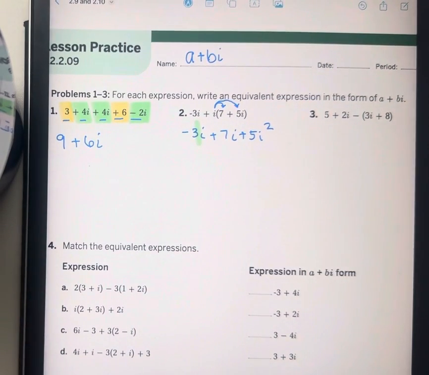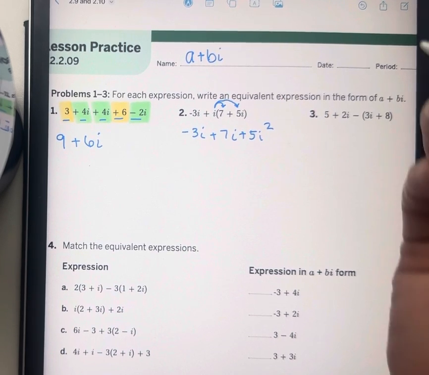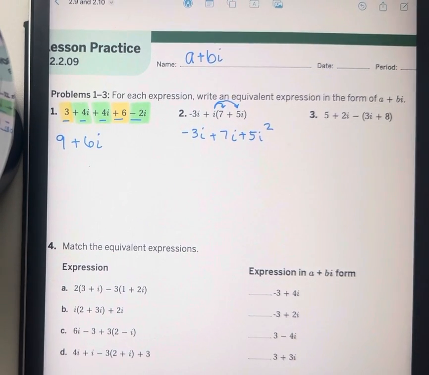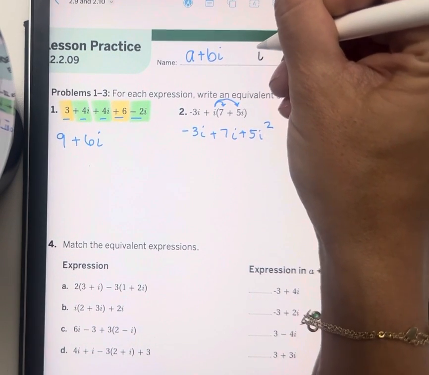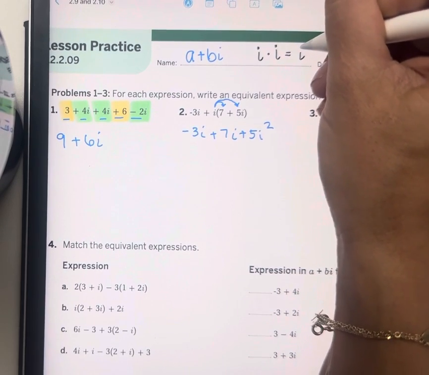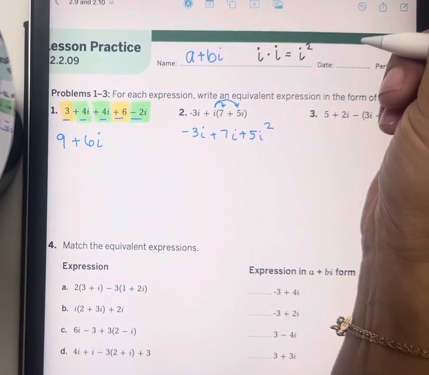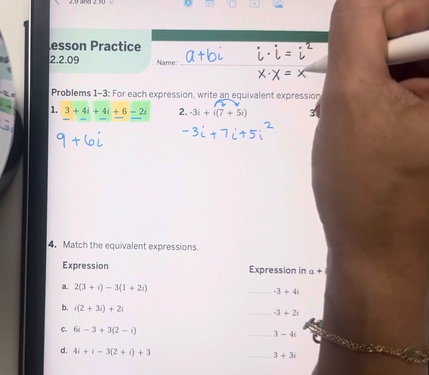Okay, let's talk about that. I'll write it in black up here so you remember. Anytime we multiply an i times an i, we get i squared, the same way that x times x is x squared.